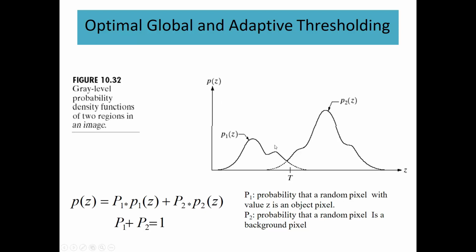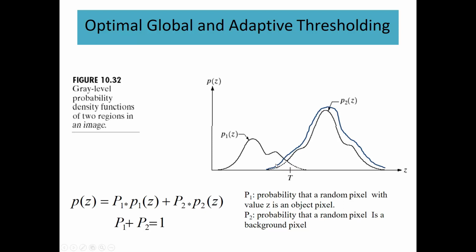So overall p(z) can be written as capital P1 times p1(z) plus capital P2 times p2(z), where P1 is the probability that a random pixel with value Z is an object pixel, and P2 is the probability that a random pixel is a background, and P1 plus P2 is equal to 1.